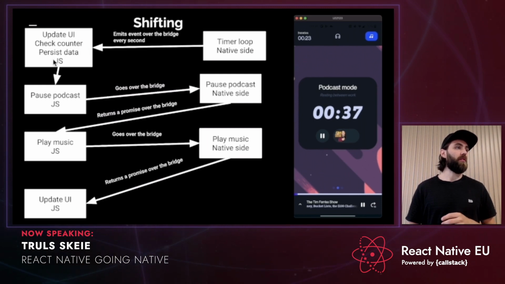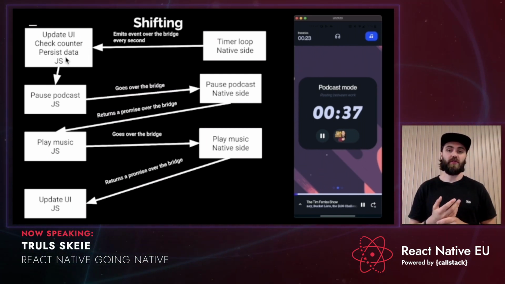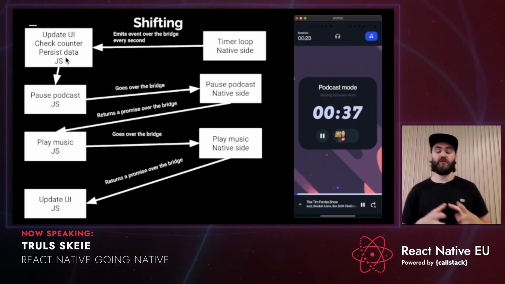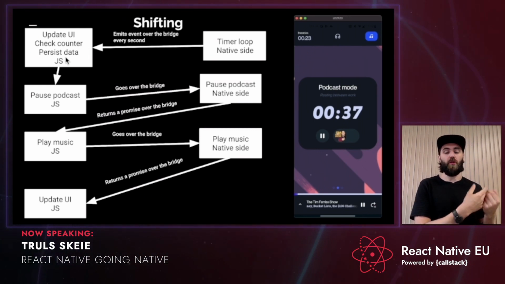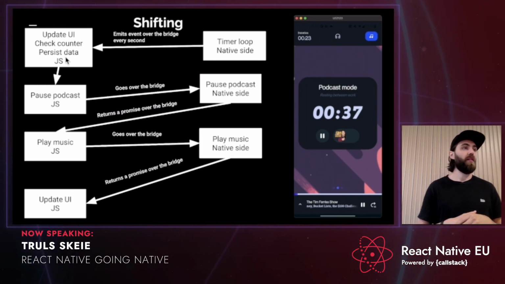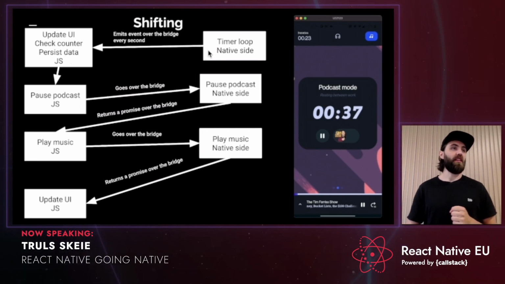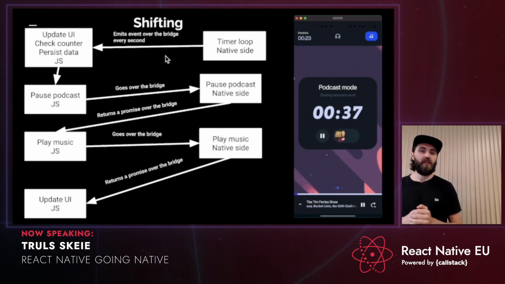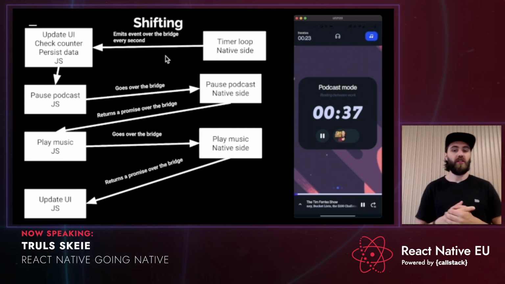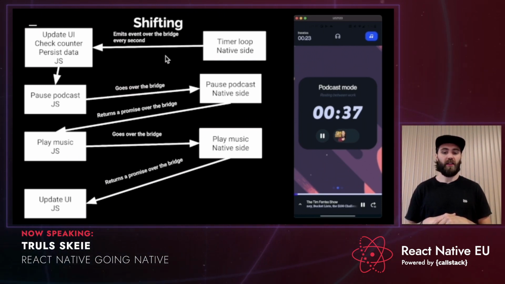And we also persist some data. Every 15 seconds, for instance, we are persisting the podcast position, so that when you close the app and open it again, you will start where you left off. And now, as you can see, we are sending an event over the bridge every second. And that starts to bloat the bridge a little bit.